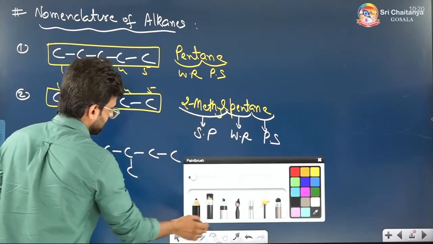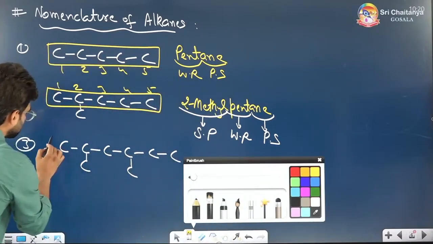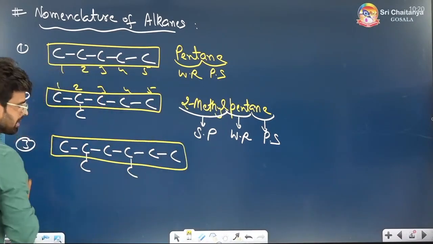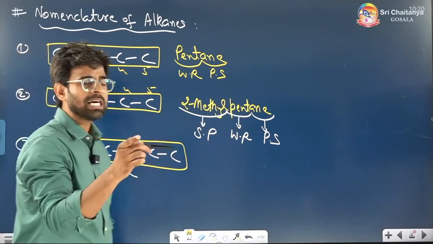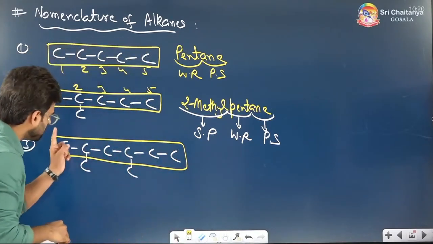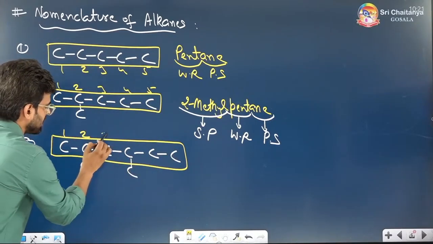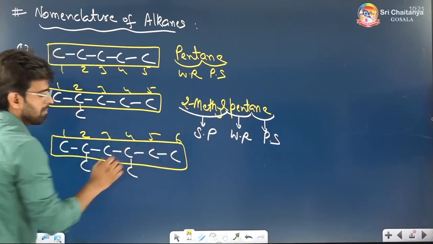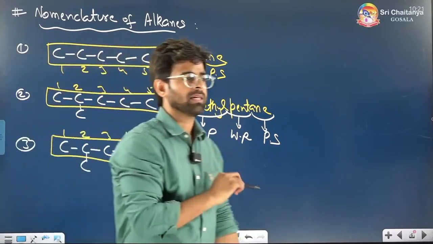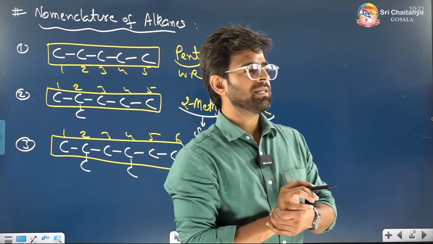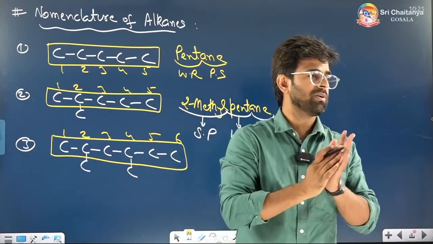Great. Now, what is the next one? This is the next one. I should start from which end? This end? 1, 2 or 1, 2, 3. I will start from here. Why? Because of the lowest locant rule. Very good.